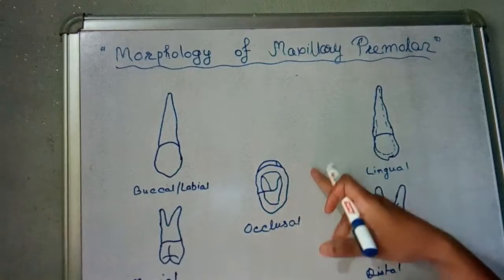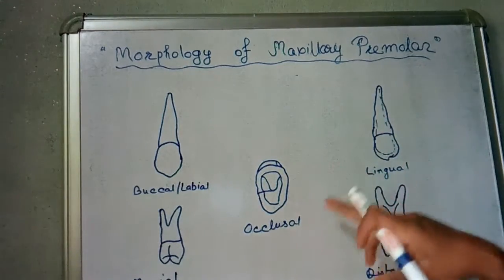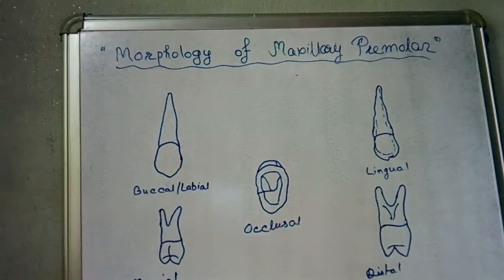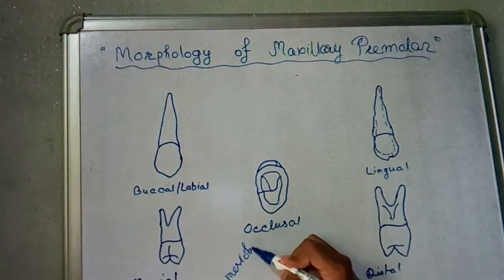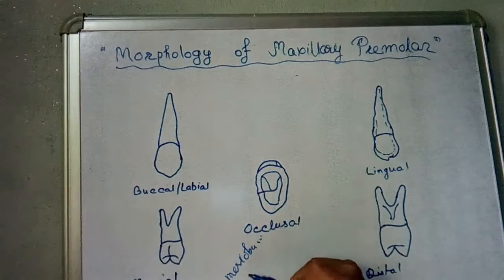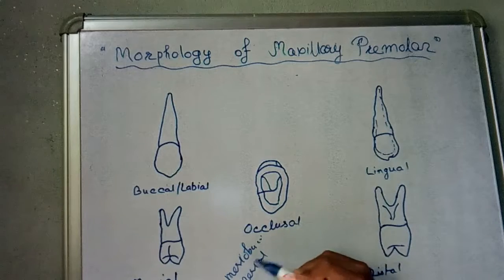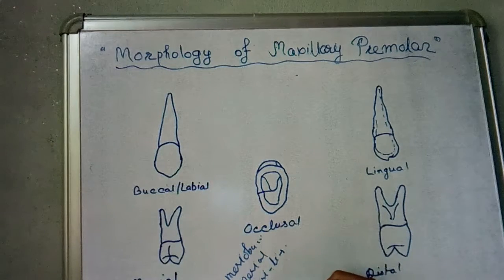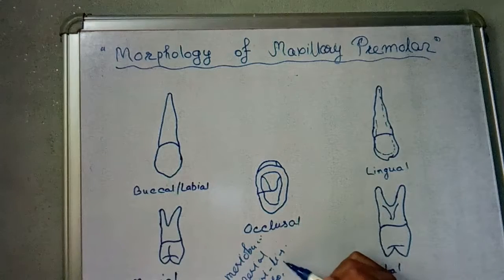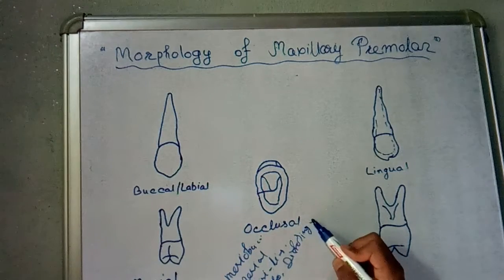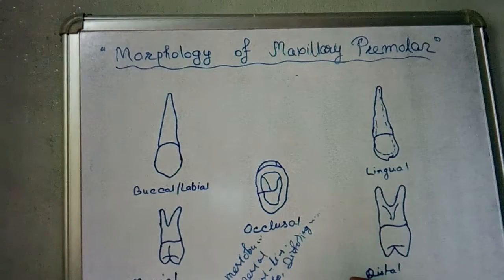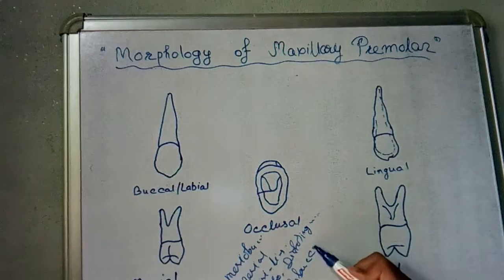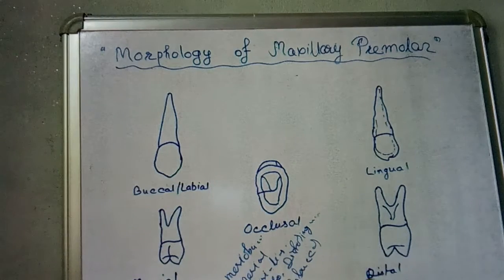The six sides are mesiobuccal, mesial, mesiolingual, distal, distolingual, and distobuccal.